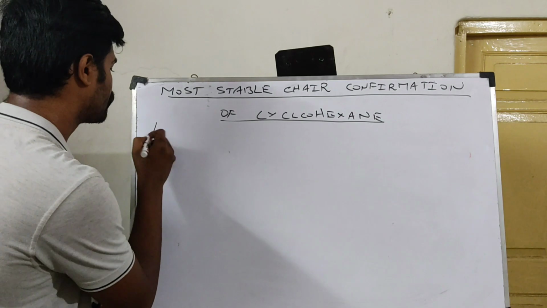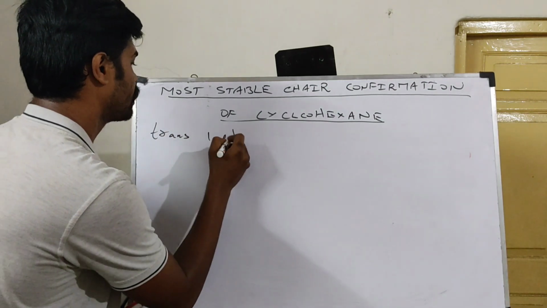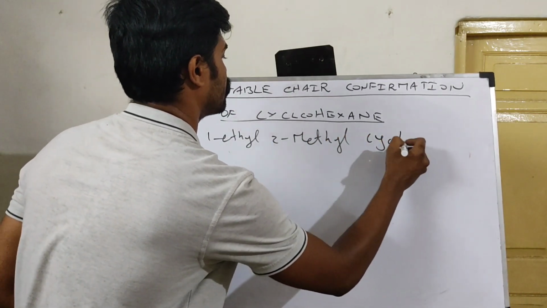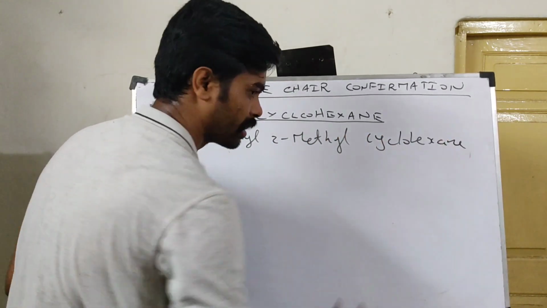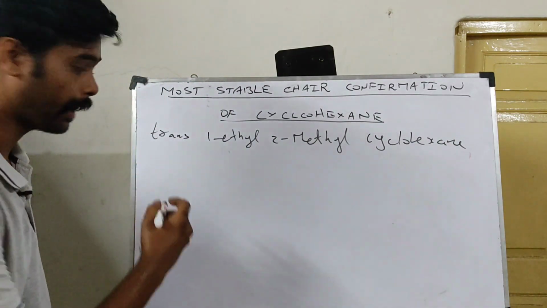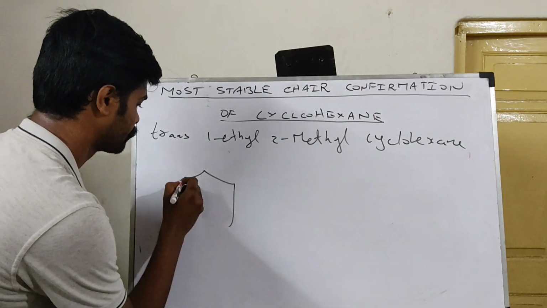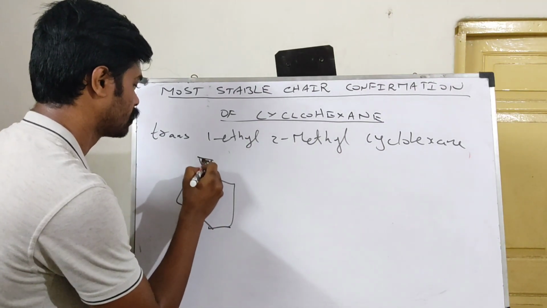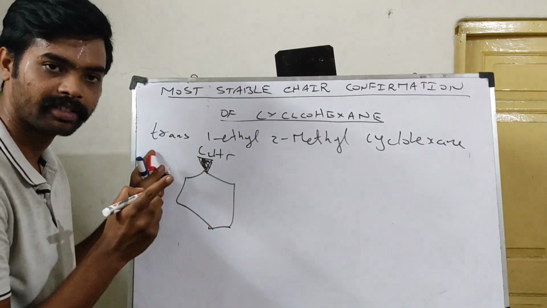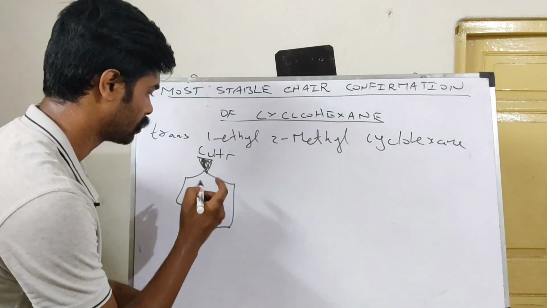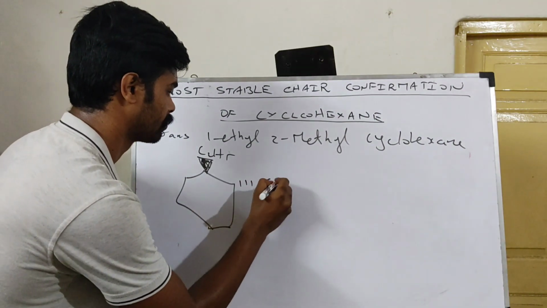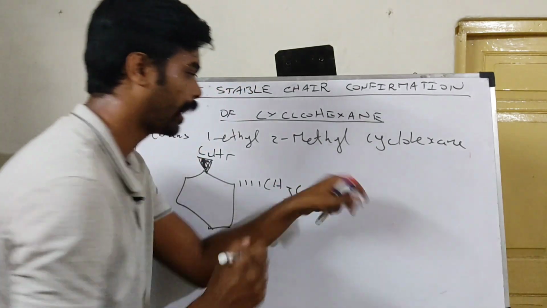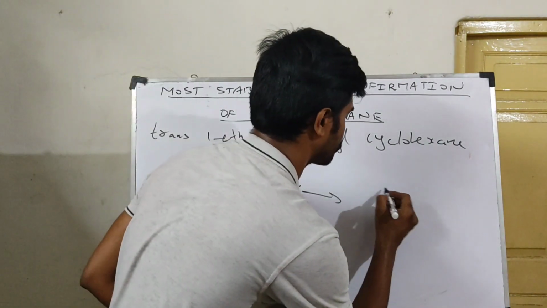So I am going to take trans 1 ethyl 2 methyl cyclohexane, right? Let me draw the planar structure first. Say I put the ethyl group pointing away, so definitely it is trans, the methyl group should be pointing towards you. Very simple, right? Now we'll try to incorporate it into the chair form. So we'll draw the chair first.